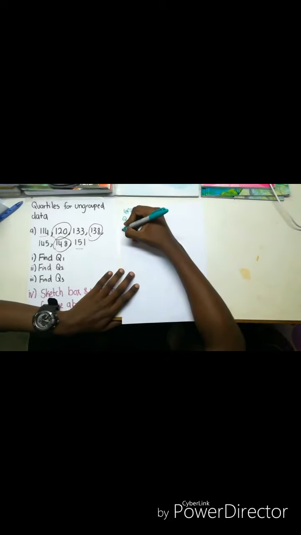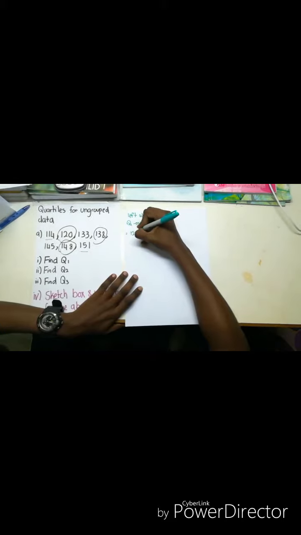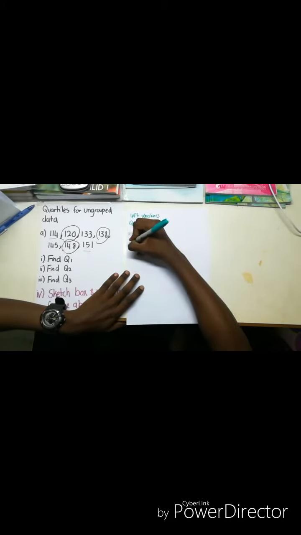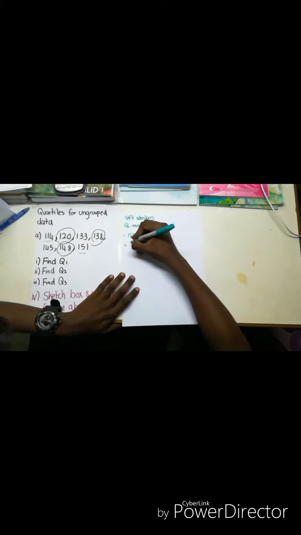So we know the Q1 is 120. We minus with the minimum value, which is 114. We get 6.